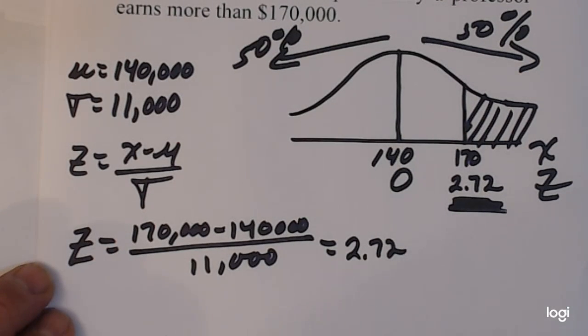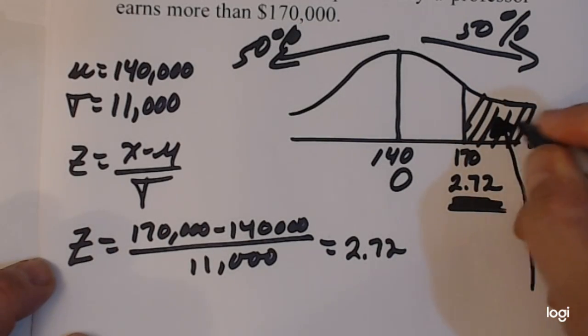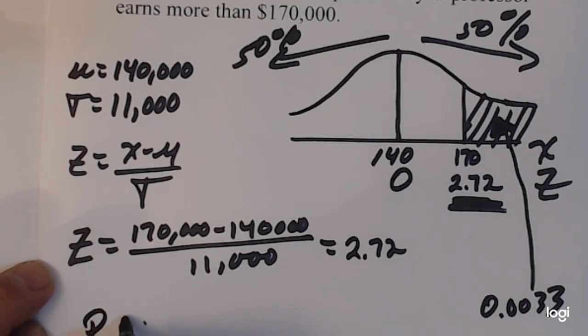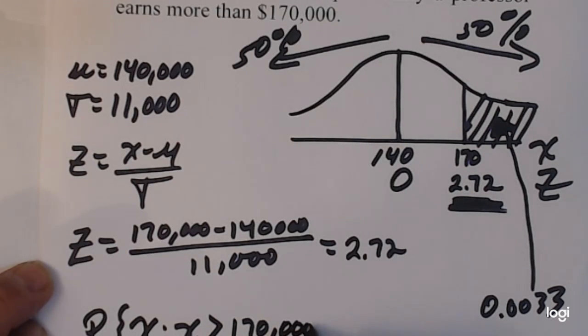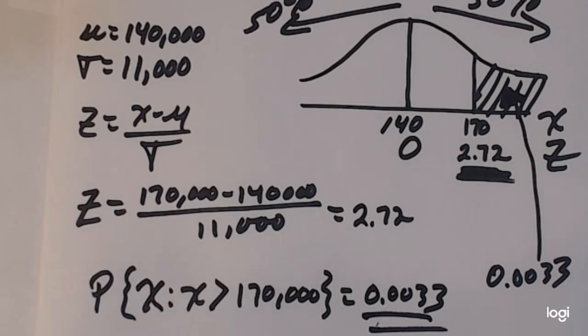So this area is 0.0033. So the probability that x is greater than 170,000 is 0.0033.